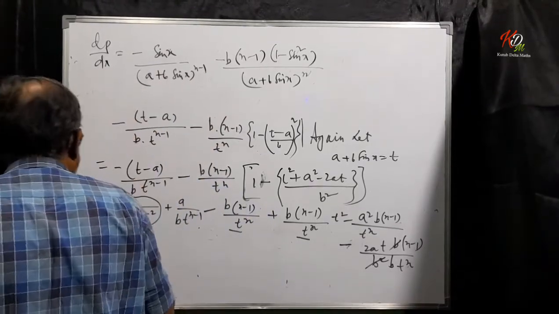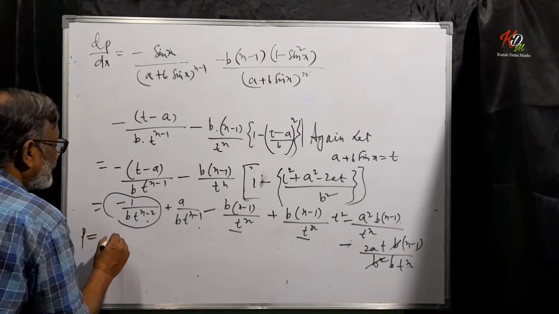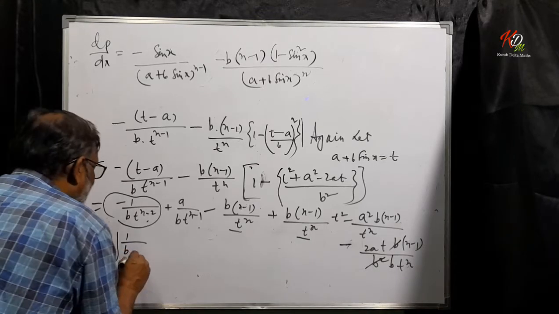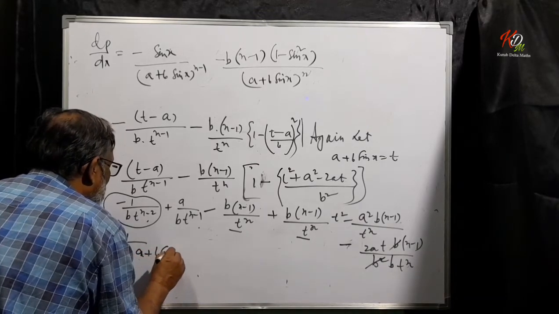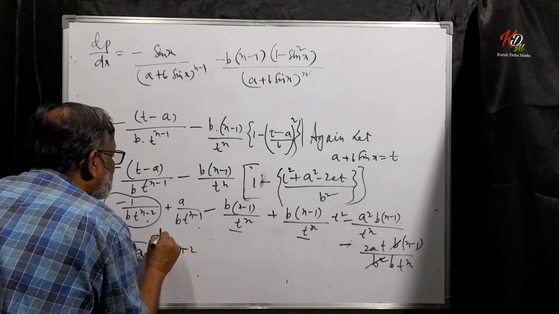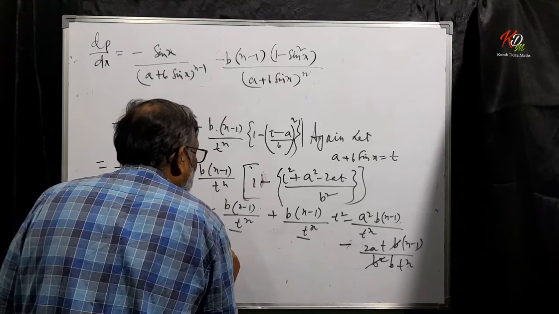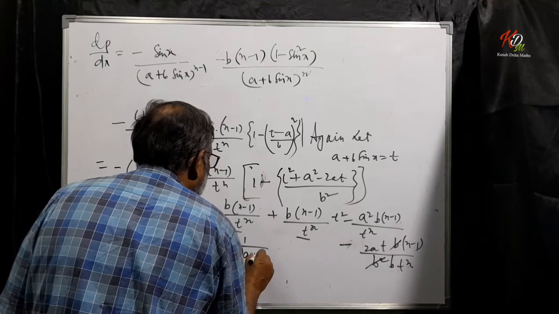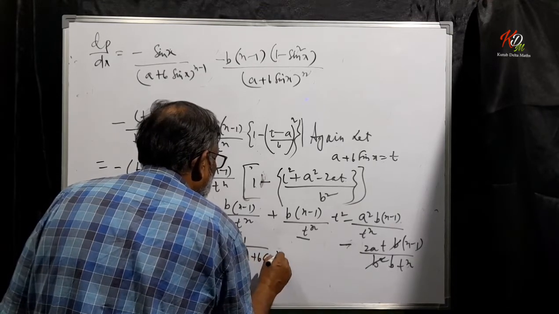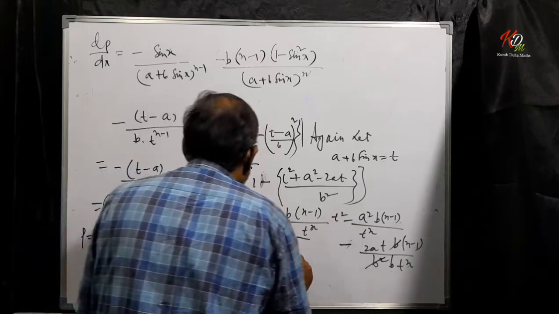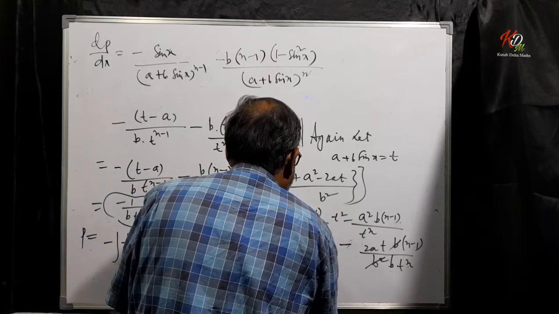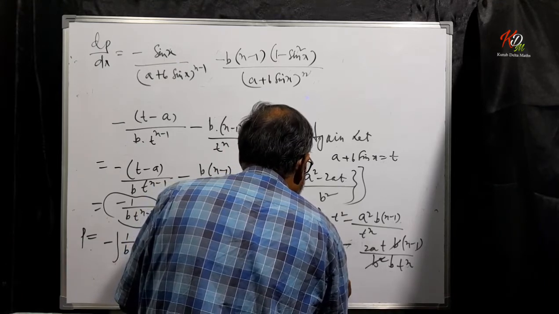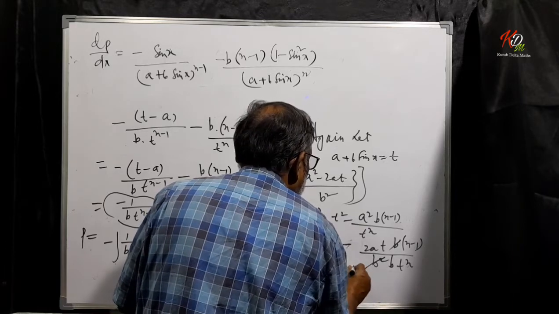So the integration: minus 1 by b, t to the power n, that means (a plus b cos x) whole to the power n minus 2 dx, a plus a by b, 1 by (a plus b cos x) whole to the power n minus 1 dx, minus b n minus 1 t to the power n, that means (a plus b cos x) whole to the power n, and so on.